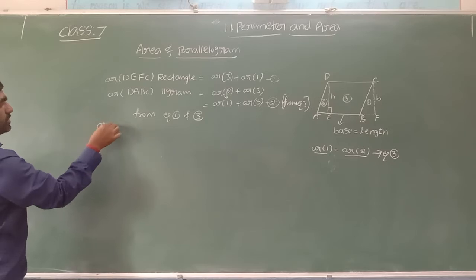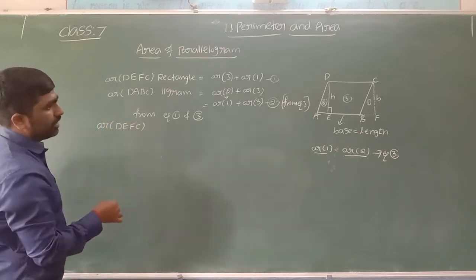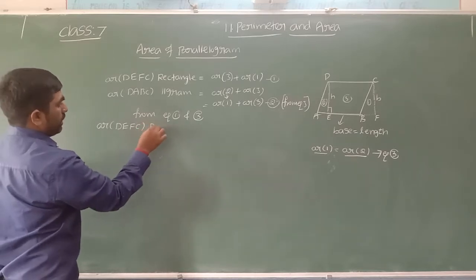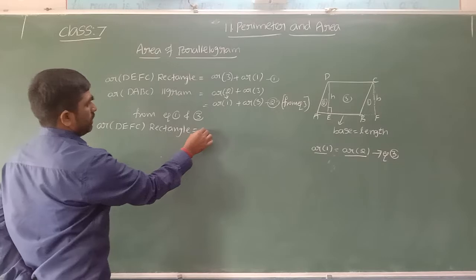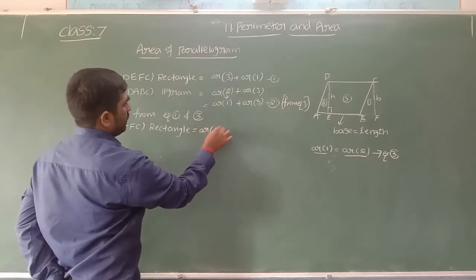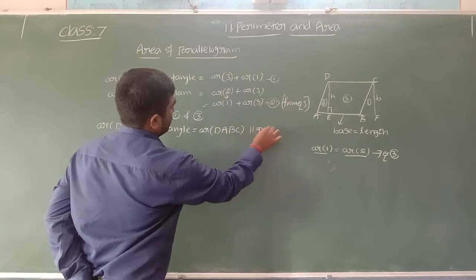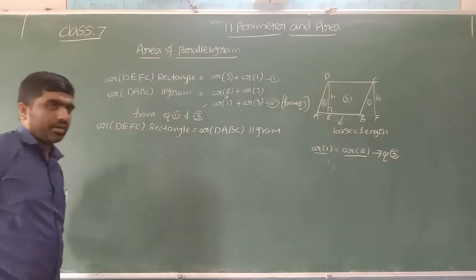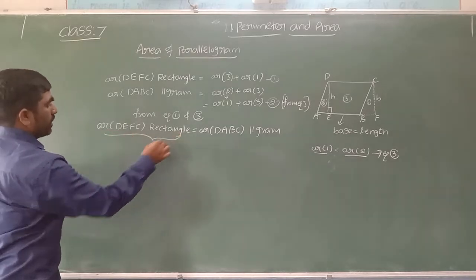So what are the LHS, beta? Area of DEFC rectangle. Area of DEFC rectangle is equal to area of DABC parallelogram. Both are equal. So what is the formula you know to find area of rectangle?